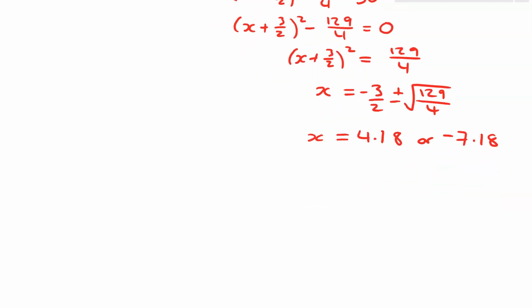Depends on the exam or the question, how much it's worth and all that jazz. You would have to state that x cannot equal negative 7.18 because, that's the shorthand for because.